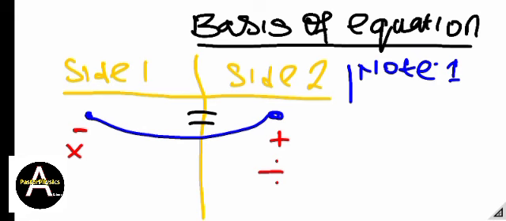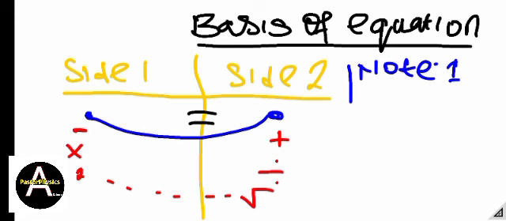If square, let's say something like, yes, if square, raised to power 2, is crossing from side 1, when it gets to side 2, it becomes square root, right? So when a sign is crossing from side 1 to side 2, it takes the opposite.